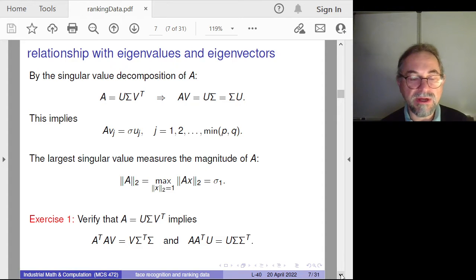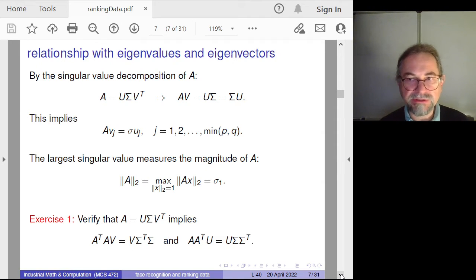So we also have the important property that the singular value decomposition measures what the matrix does to unit vectors. So we see the matrix as an operator. It takes vectors from one space to another space, and matrices with all the singular values equal to 1 are not going to stretch the unit vectors.